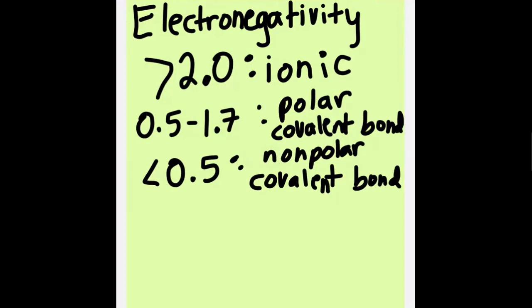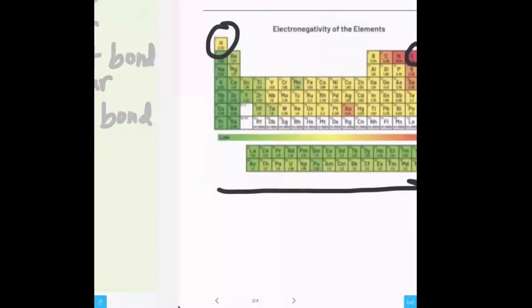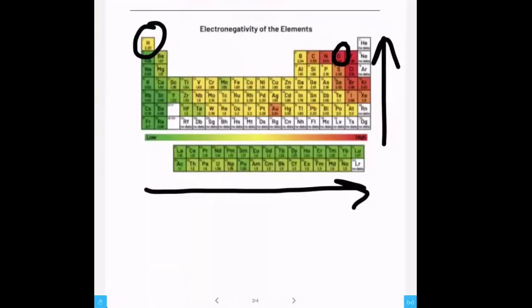And again, all of these values are just approximates. So at times, the electronegativity difference could be 0.6, and it is a nonpolar covalent bond. But for the purposes of this video, we are going to go with these numbers. So the electronegativity of hydrogen, it is a bit blurry, but it's written on this periodic table.